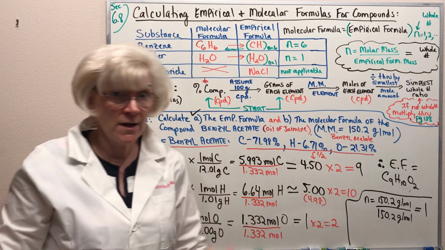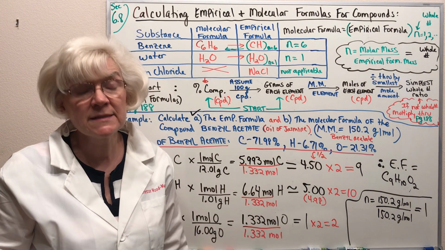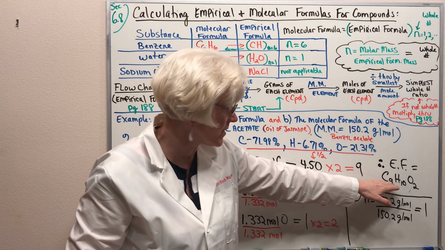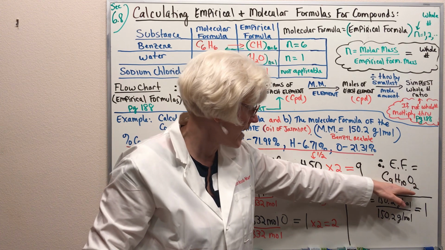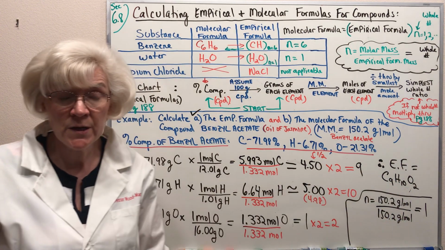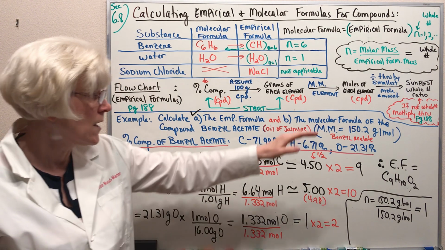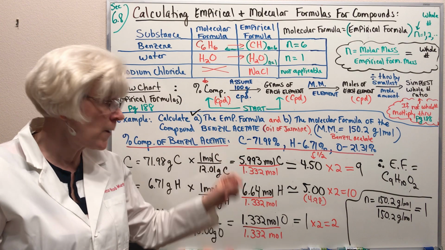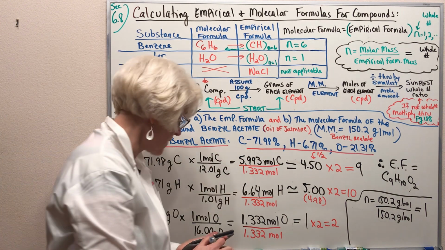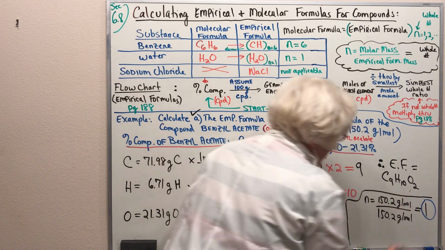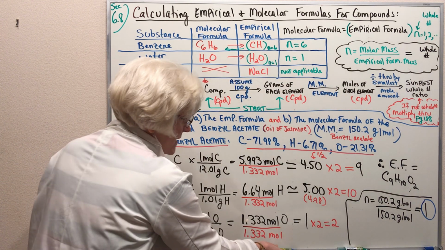If you don't get a whole number, that indicates there's an error somewhere. Either your empirical formula calculation is incorrect and you have the wrong empirical formula, or you did not add up the empirical formula mass correctly, or the molar mass was not correct. Somewhere there's an error in the problem. N must be a whole number, and it is in this case.